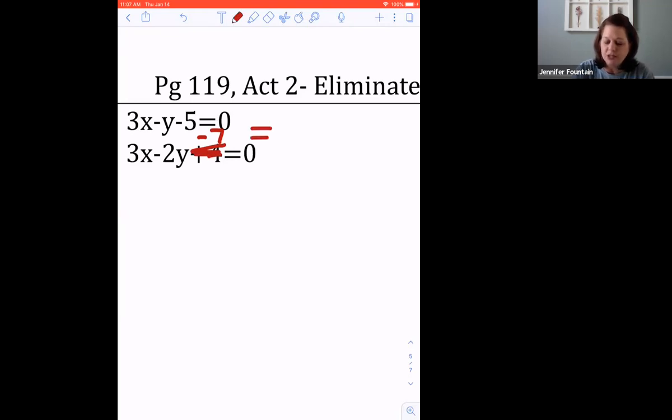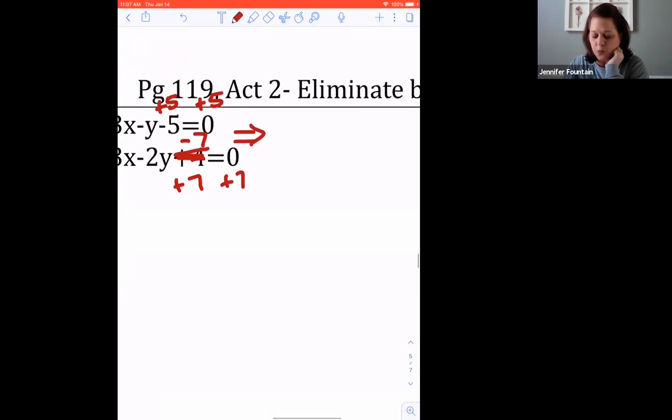The first thing we've got to do, though, is standard form. So in my top equation, to go to standard form, I'm going to have to add 5 to each side. And now in my second one, I'm going to need to add 7 to each side. So now we're going to rewrite those in standard form.